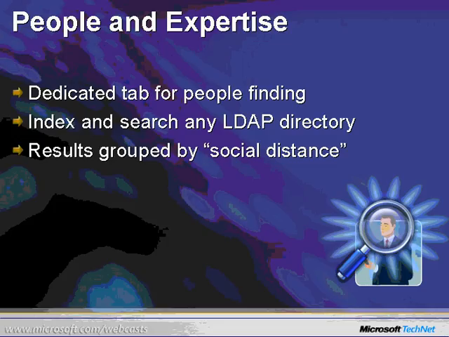Really, I think of social distance as not only what are the people that person likes, but also an organizational distance. So when you do a search inside of our company, if you type my name and do a people search inside of Microsoft's website, it would come up with a list telling you who my boss is all the way up the chain to Bill Gates. And you'll see a little bit of that today as we click through the results, as we drill into the environment for us to work with.